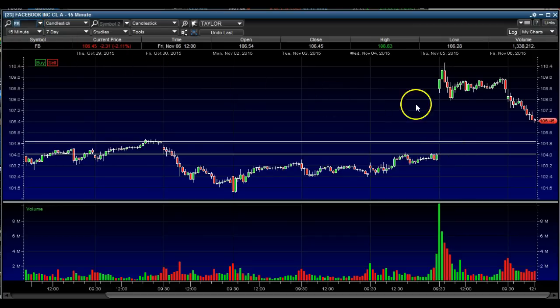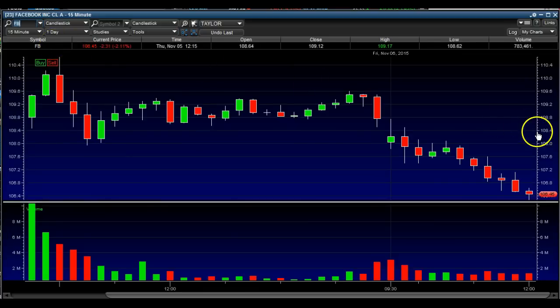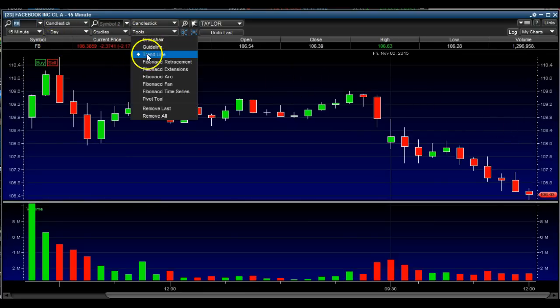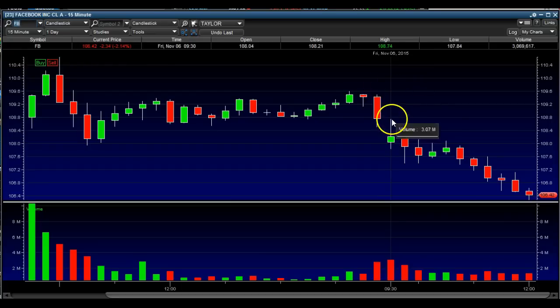So another thing you want to look for: here you can see there's a nice little trend line. You want to see maybe a break over that, a break over these two trend lines. That would maybe be a bullish move for Facebook.